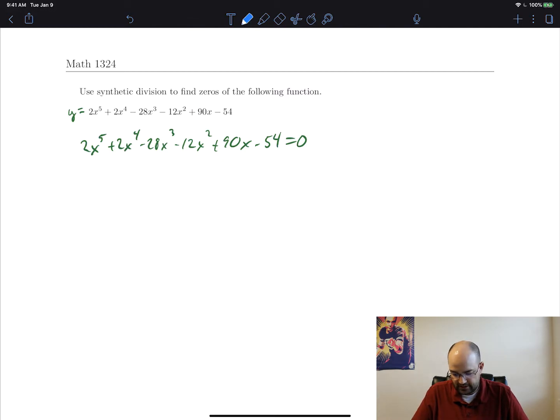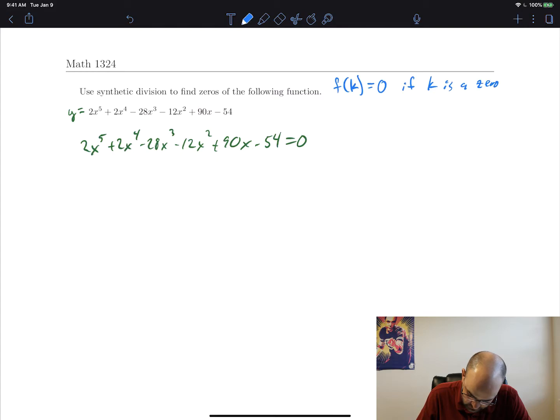And there is a theorem in mathematics that says f of k equals 0 if k is a 0. And it's technically more of a definition, so I'll put that double F on there.